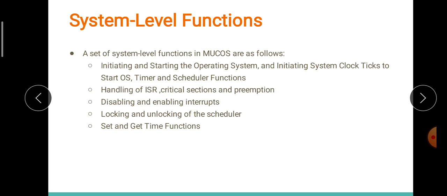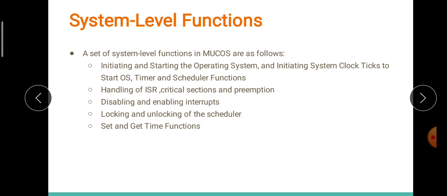They involve initiating and starting the operating system, initiating the system clock, starting the operating system timer, and scheduler functions. The second set handles the ISR, critical sections and preemption related to it. The third set is disabling and enabling of interrupts. The fourth is locking and unlocking the scheduler. And the final one is the get and set time functions.